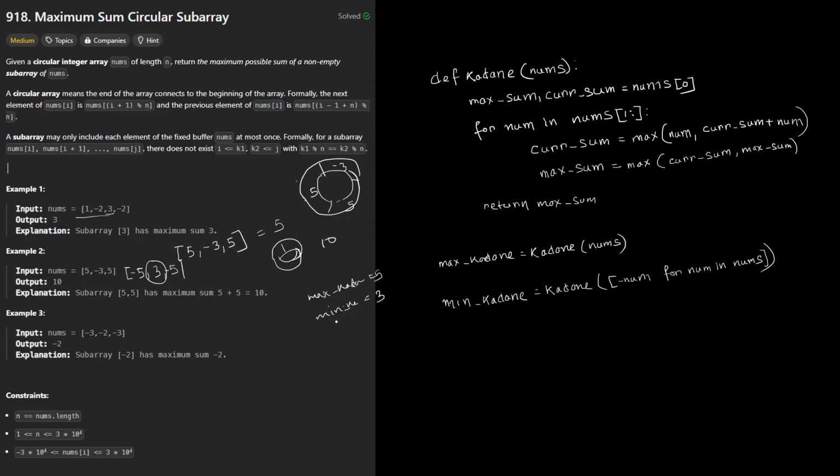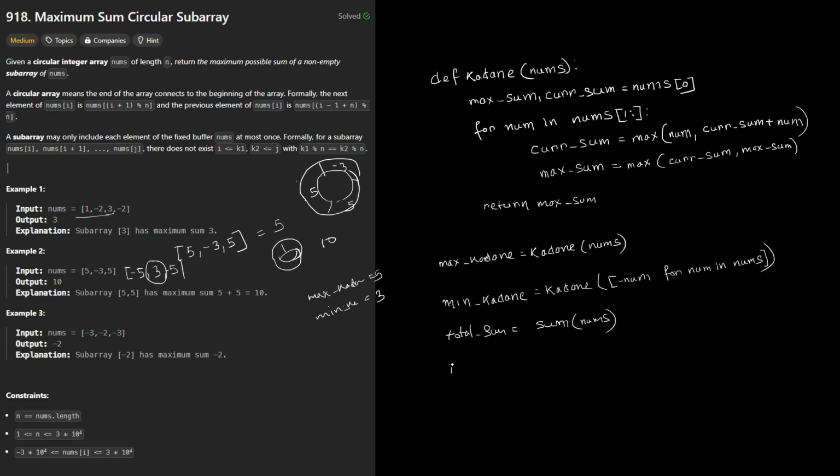We have to return total sum minus the minimum in normal cases. And there would be an edge case: what if all the elements are negative? In order to handle that, we can simply take the total sum, which is going to be sum of nums.